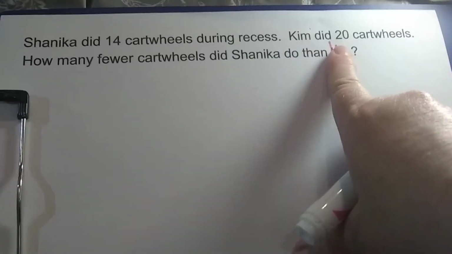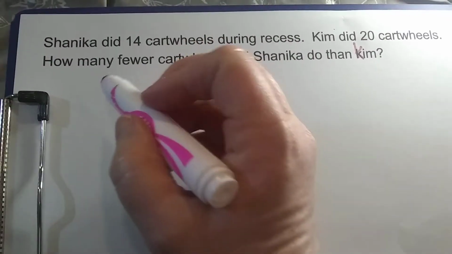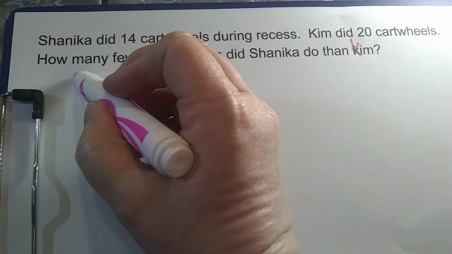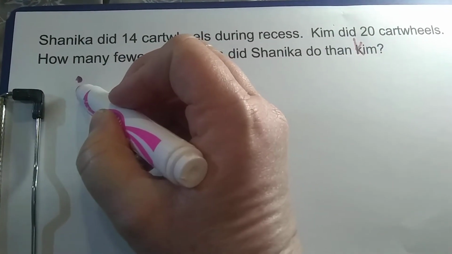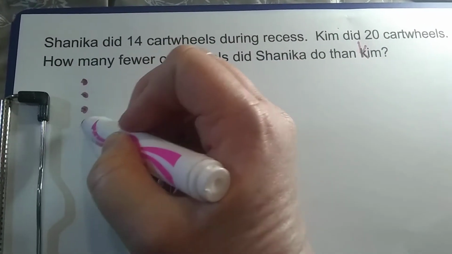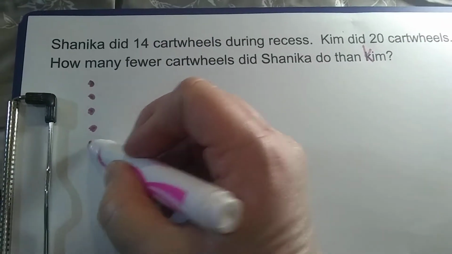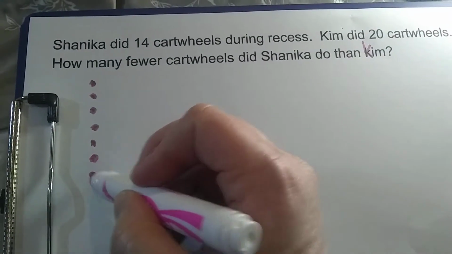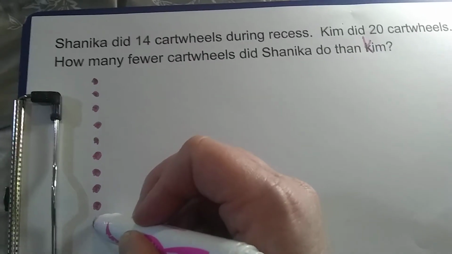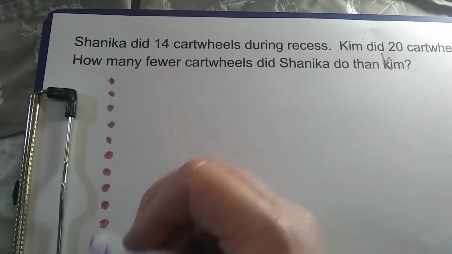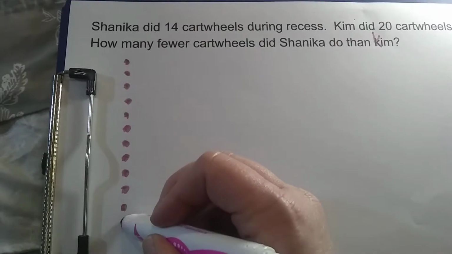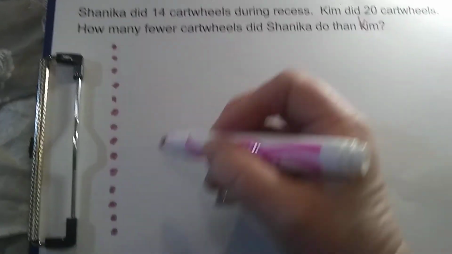When the children were only adding to 10, this is what we used to do. We draw the dots and match them up. 1, 2, 3, 4, 5, 6, 7, 8, 9, 10, 11, 12, 13, 14.